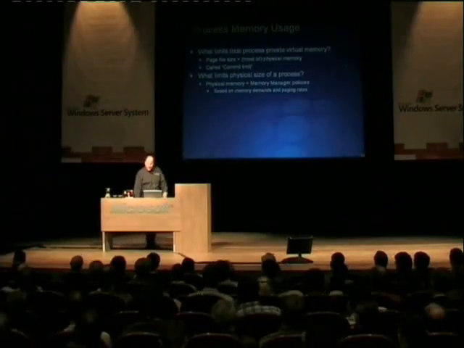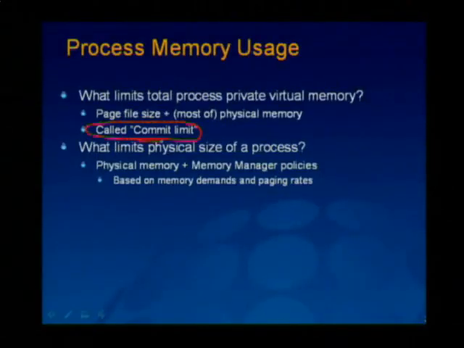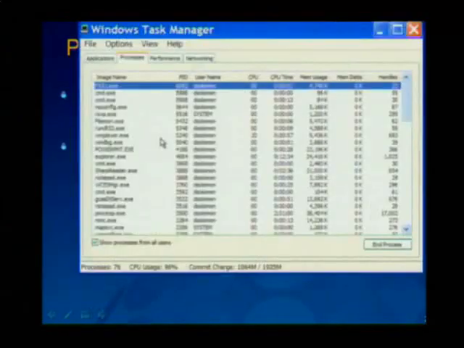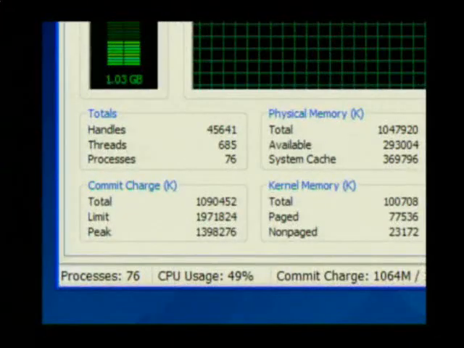Well, there's a couple of resources that would ultimately limit the number of processes. And the one that we're going to focus on here is the system commit limit. I'll bring up Task Manager. And that's the number on the lower left in the commit charge section, the system commit limit. That's the total amount of private virtual memory that the system can keep track of on your box.